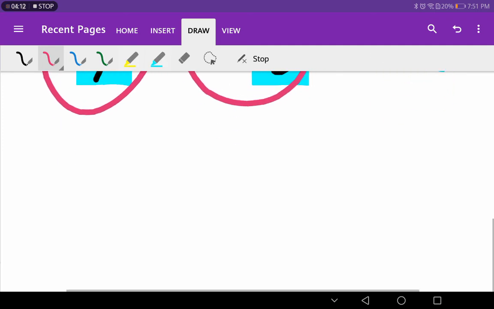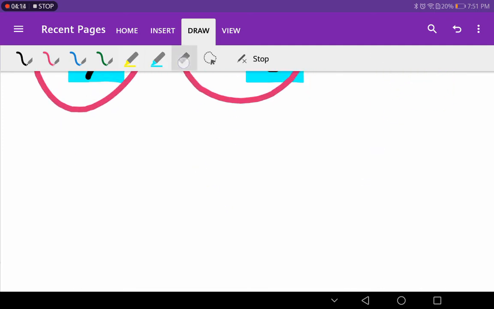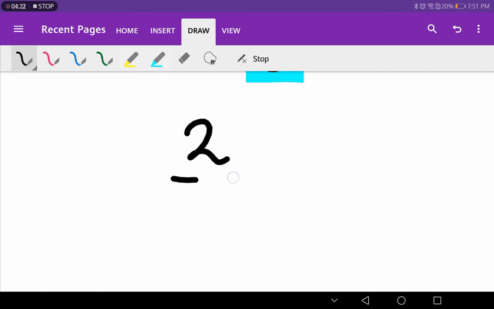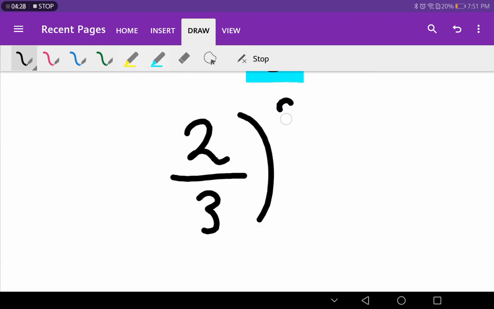Now, teacher, what if I have something like this? For example, negative 2 over 3 with power 2. How can we do it? First of all, let us learn how to read it, my dear students. It is negative 2 over 3 squared.